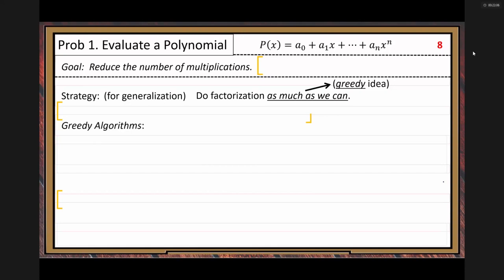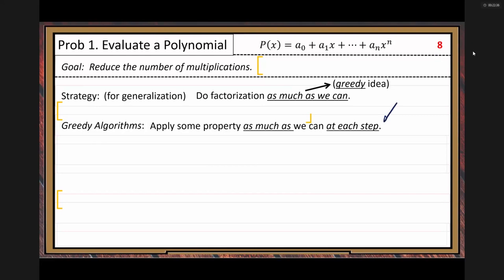Now let me talk about that local and global thing in the greedy algorithm. Apply some property as much as we can at each step. Remember, each step, each factorization step, we apply factorization as much as we can. So here I emphasize this, each step.